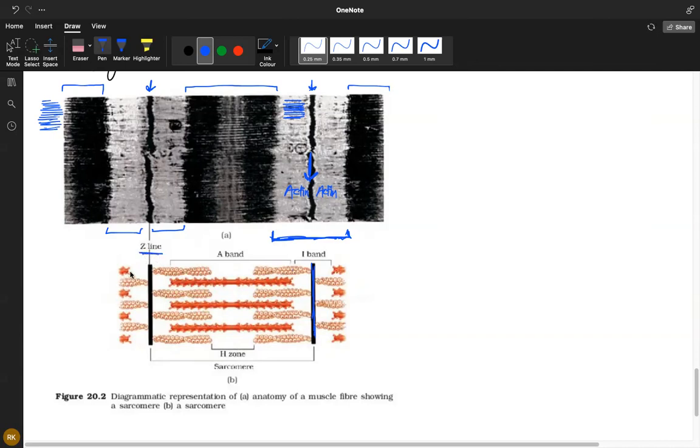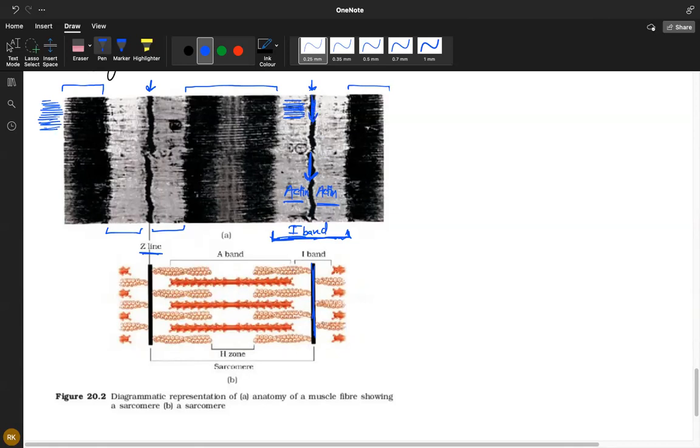Okay. On both sides of the Z line, there are actins attached. So if a question comes in your entrance exam, actin is attached to which line? I, A, Z, H. Where is actin? So actin is present in the I band. This is called the I band. In the middle of the I band is a line called the Z line.